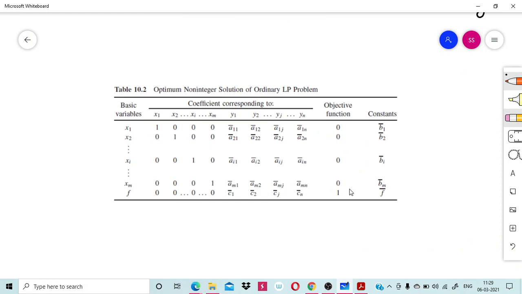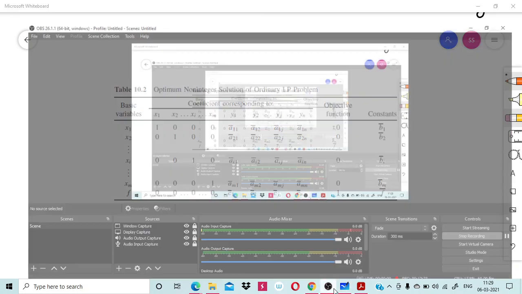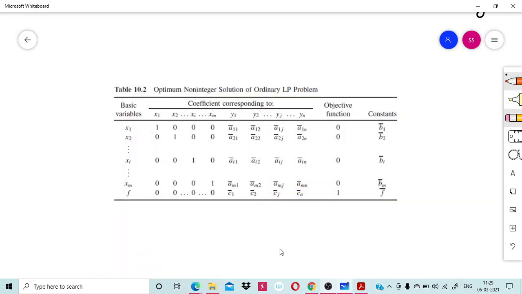Hope you understood the concept. Now, suppose we have the general form of an LPP.